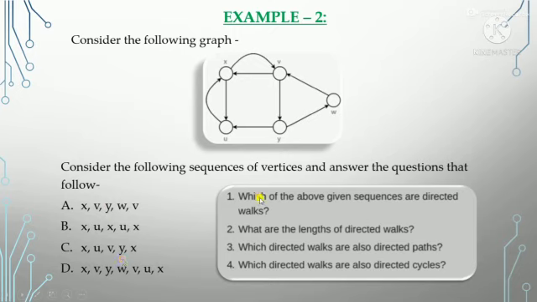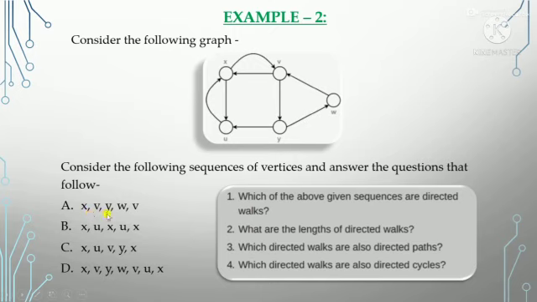You have to first check which of these A, B, C, D given sequences are directed walks, because there is a direction. I told you that if we have a directed graph, we can represent it that way. So here we have to see whether each becomes a walk or not. Which of these 4 options becomes a directed walk?